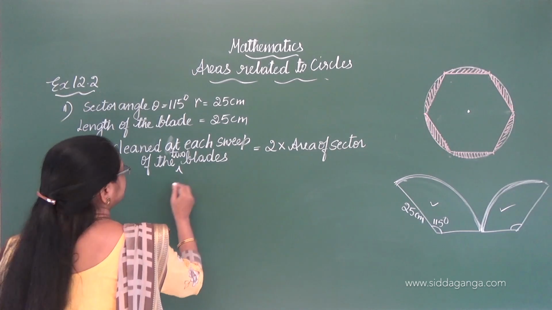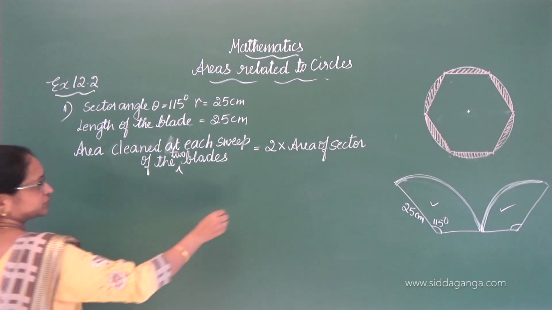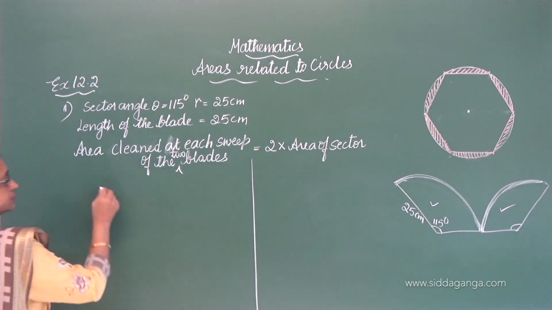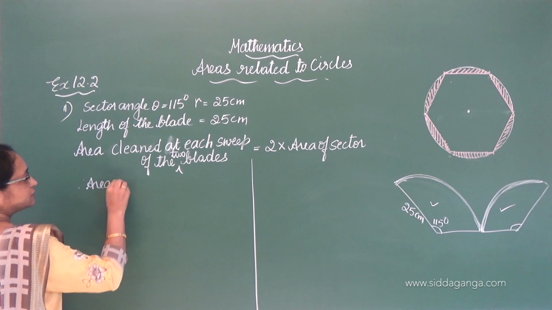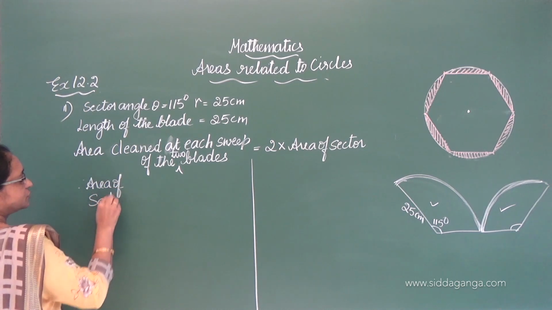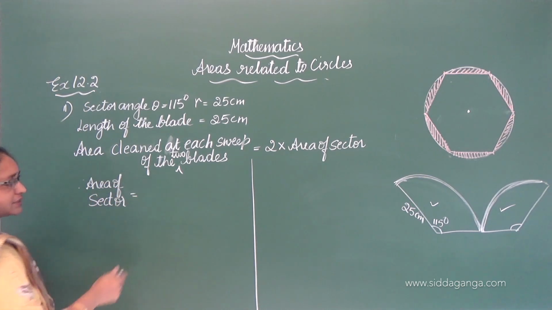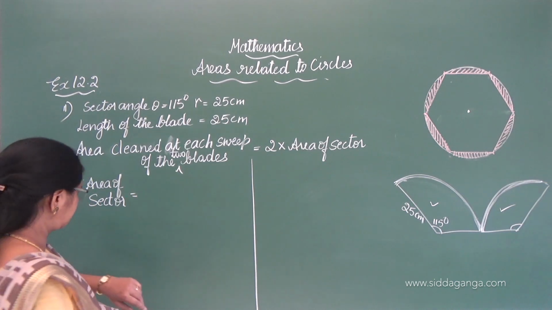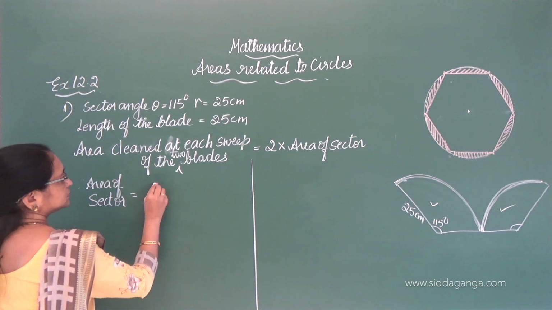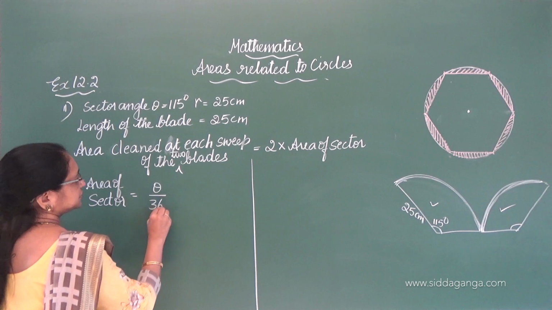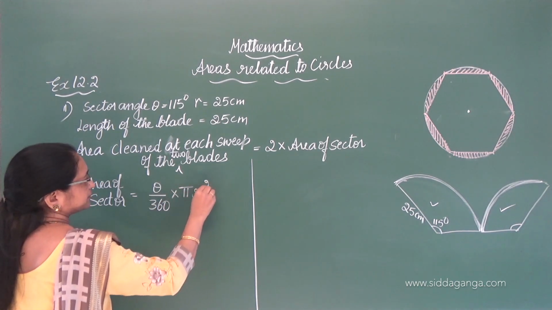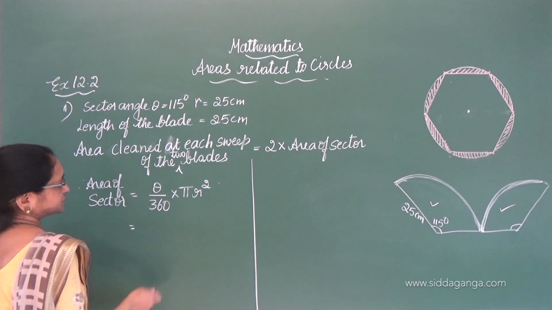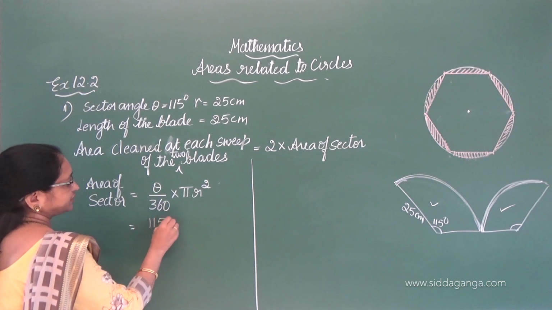So now I will start here. Therefore area of sector. So you all know the formula, area of sector is theta by 360 into pi r square. Okay. Now theta, how much? What is theta? 115.